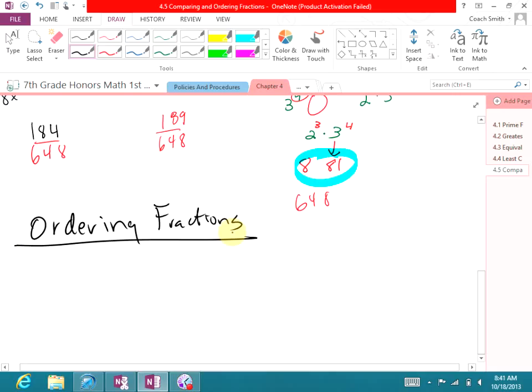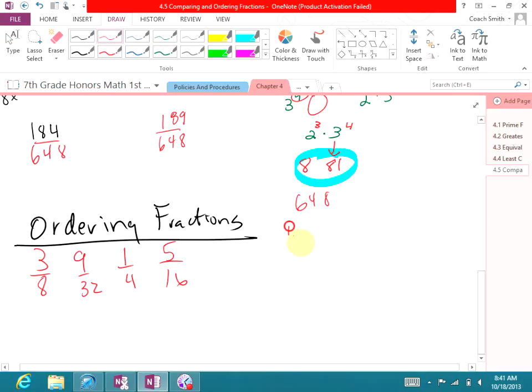You've got to find the LCD. So, for example, if I have 3 over 8, 9 over 32, 1 over 4, and 5 over 16, and I want to put them in least to greatest order.